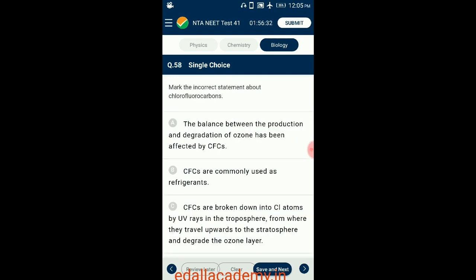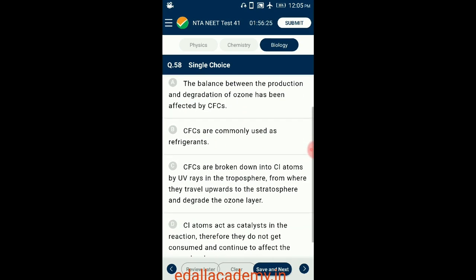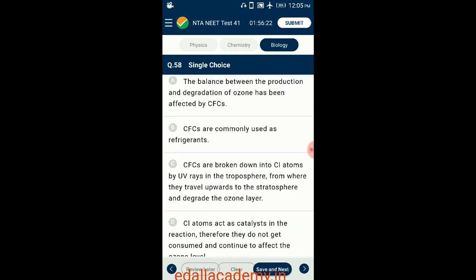Question number 58. Mark the incorrect statement about chlorofluorocarbons. There are 4 statements given. There should be a balance between production and degradation of ozone in the stratosphere. Of late, the balance has been disrupted due to the enhancement of ozone degradation by chlorofluorocarbons. Chlorofluorocarbons find wide use as refrigerants.